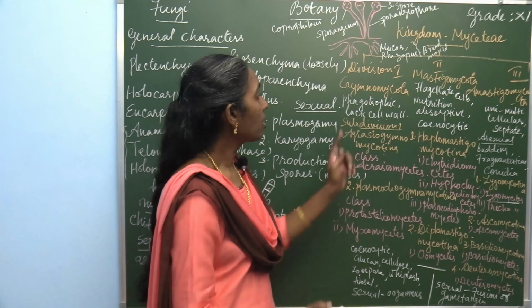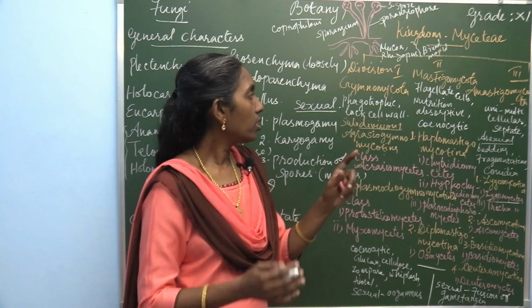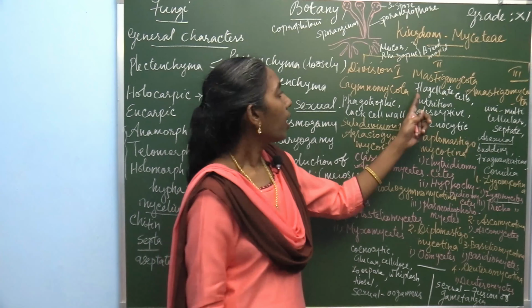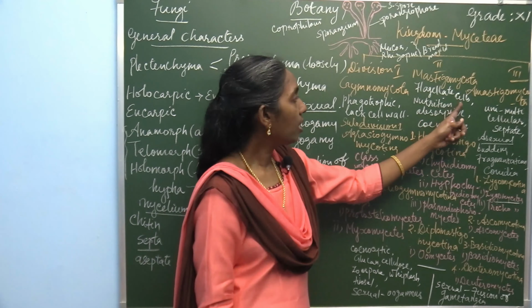In Mastigomycota, the cells are flagellate, and the nutrition is absorptive type. It is able to absorb food in liquid form. The thallus is cenocytic, that is, multinucleate. So Gymnomycota is phagotrophic and lacks a cell wall, and Mastigomycota has flagellate cells, absorptive nutrition and a cenocytic thallus.